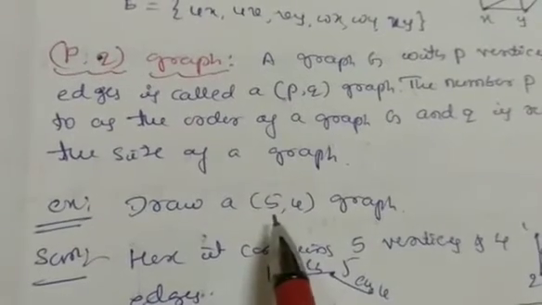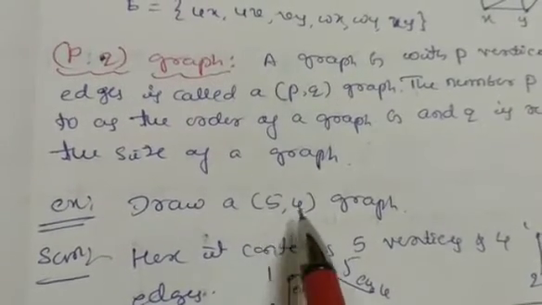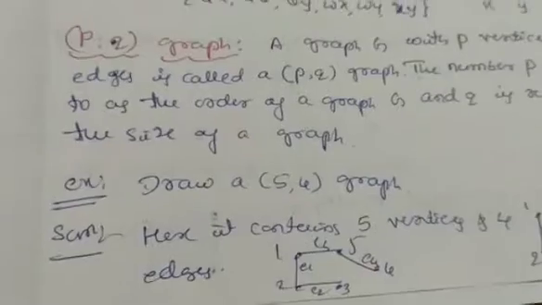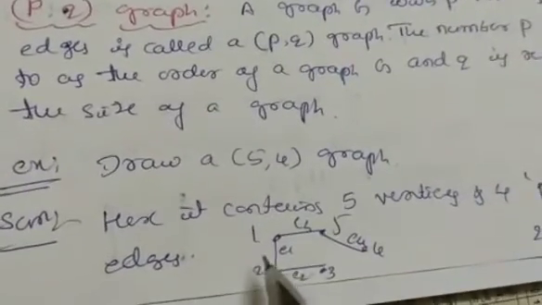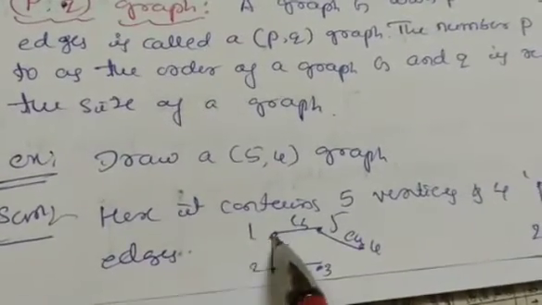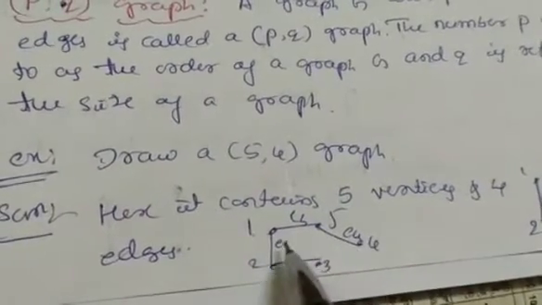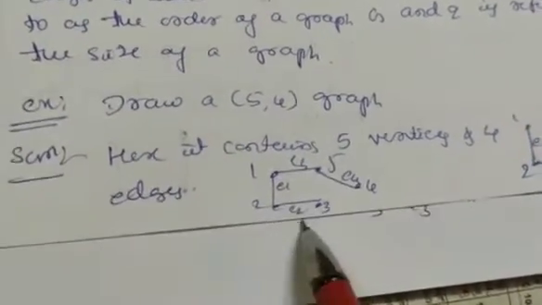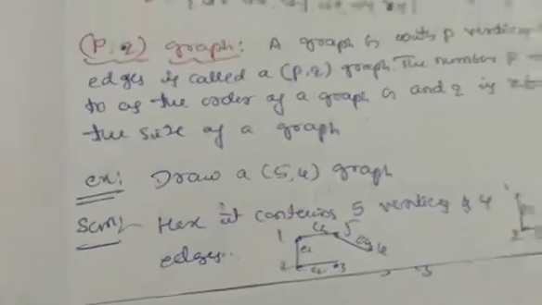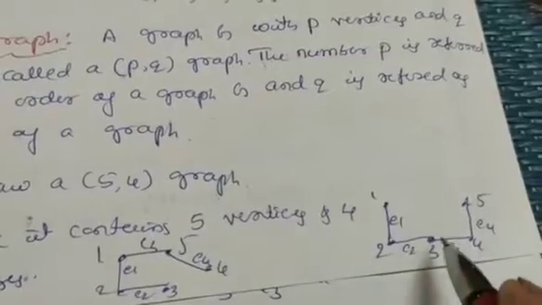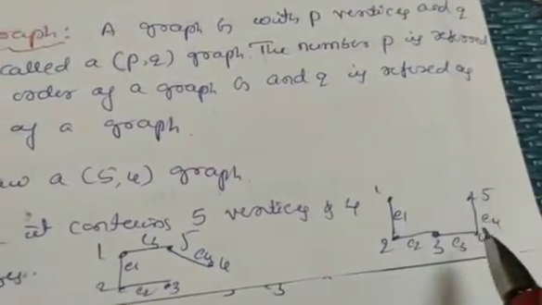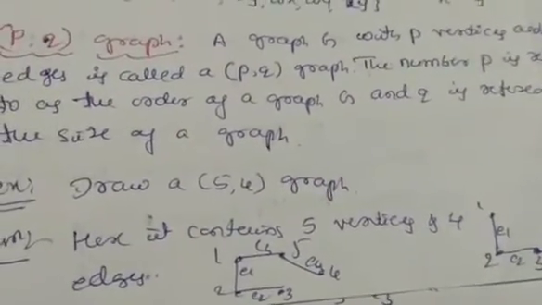You have to draw a graph which has 5 vertices and 4 edges. We can draw any kind of graph here. Let us take 5 vertices, 1, 2, 3, 4, 5, and 4 edges, E1, E2, E3 and E4 like this. Otherwise we can have this graph also. This is 1, 2, 3, 4, 5 and it has 4 edges like this. Also we can draw this graph.